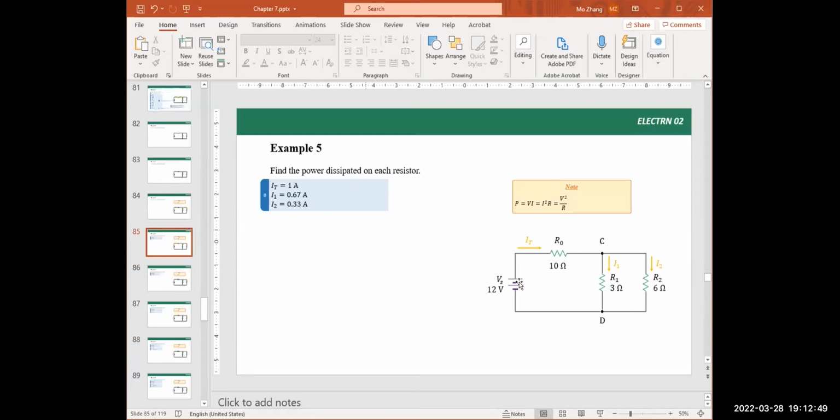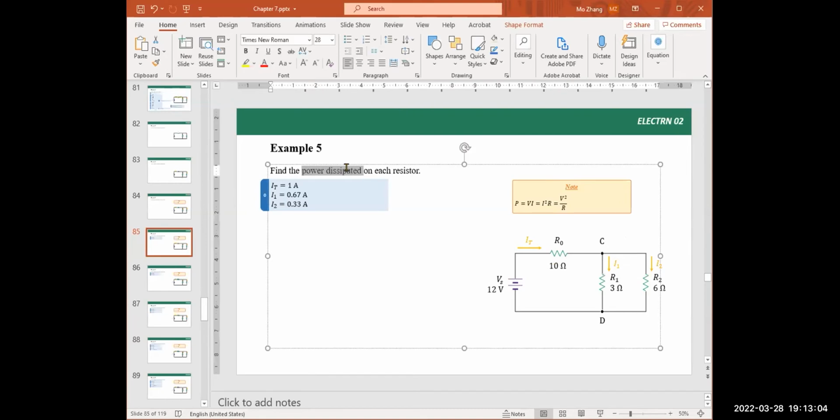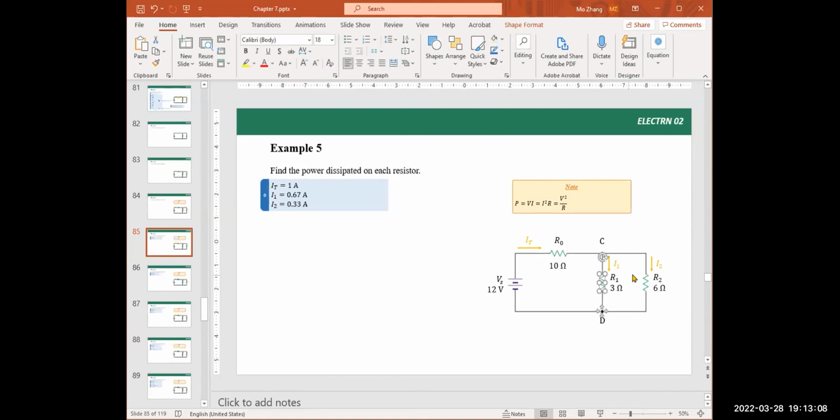The main branch current is 1 amp, and then it splits. Here it gets 0.67 amps, and this is 0.33 amps. We may also need a little additional information to find the power dissipated on each resistor, on this one, that one, and here.